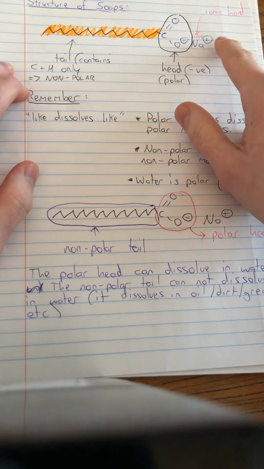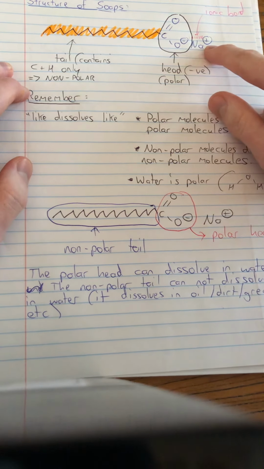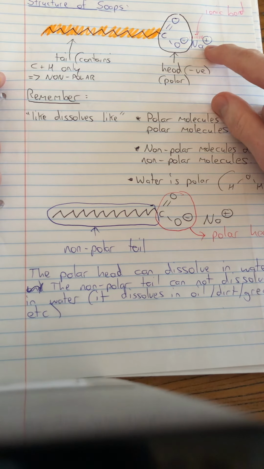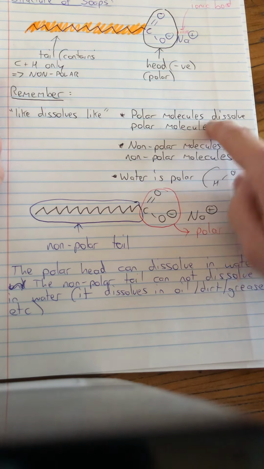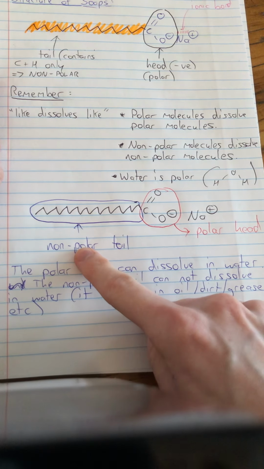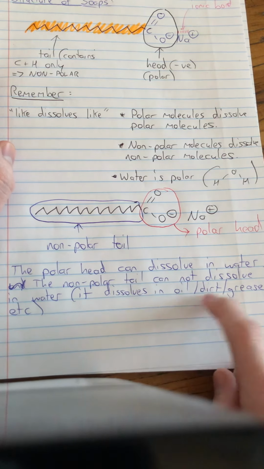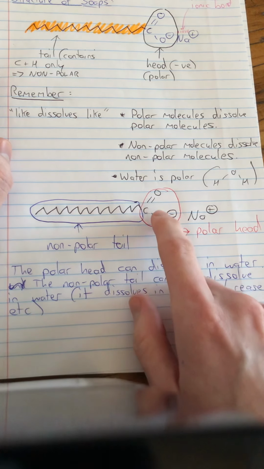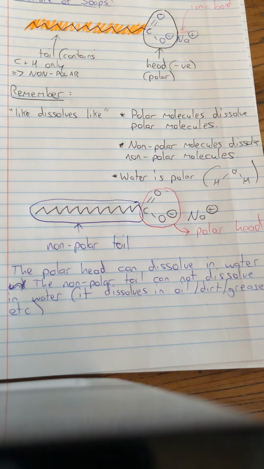And we've got the ionic bond between the carboxylate ion and the sodium ion there. Now remember about your whole like dissolves like. So the non-polar tail is going to dissolve non-polar substances like oil, dirt, grease, and your polar head is going to dissolve in water.